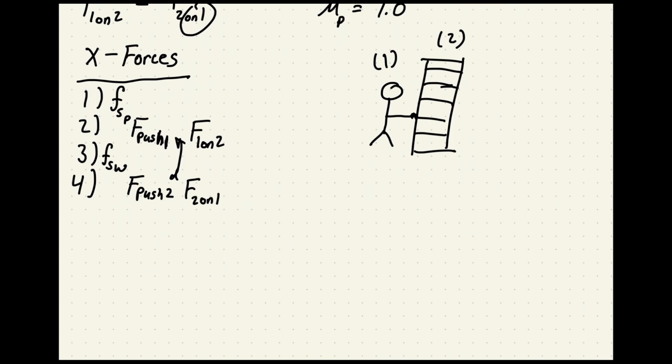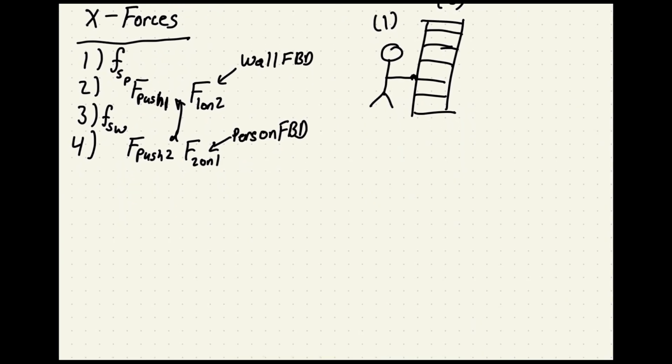And now when we draw our free body diagrams, we can see that this force, F of 1 on 2, will go on the wall's free body diagram, and this F of 2 on 1 will go on the person's free body diagram. So wall FBD, person FBD.